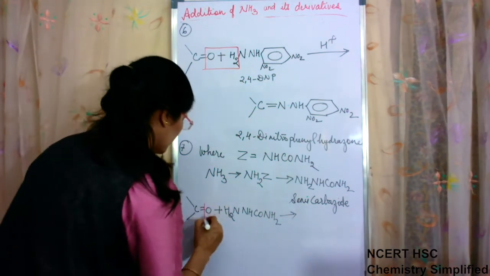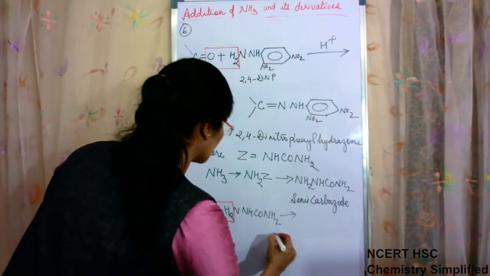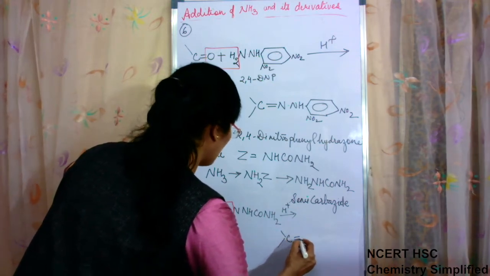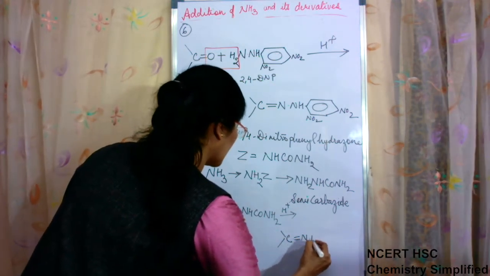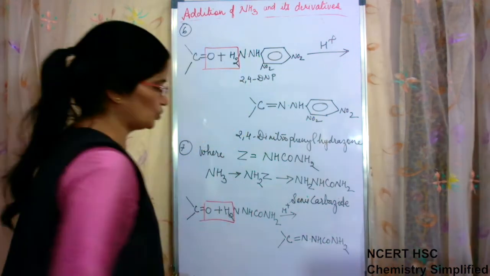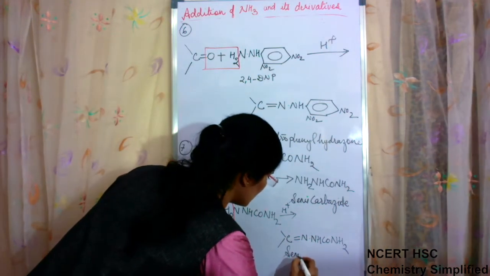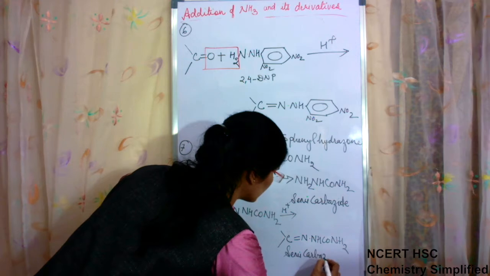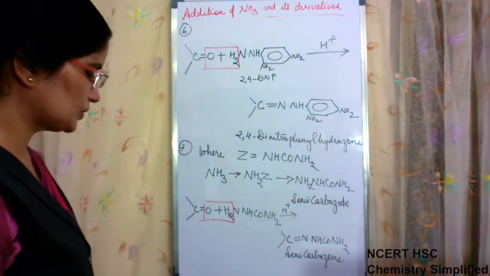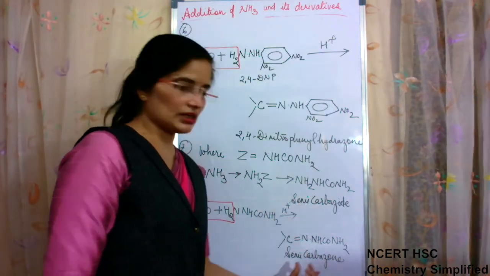Again a water molecule will be lost and the product is C double bond N, NHCO, NH2. Semicarbazide forms semicarbazone. The product formed from semicarbazide is semicarbazone.